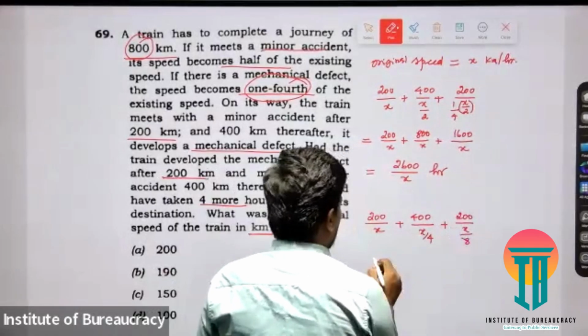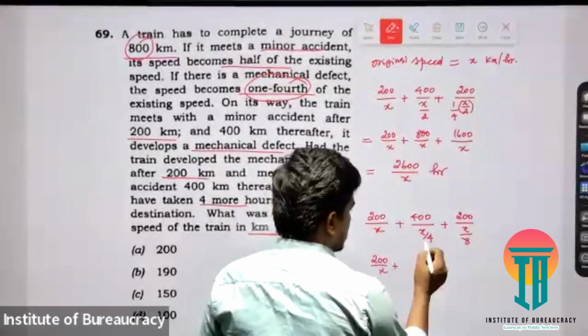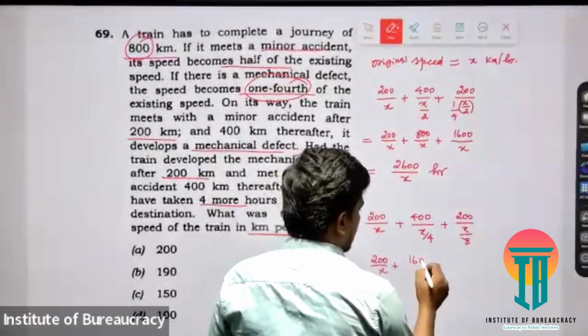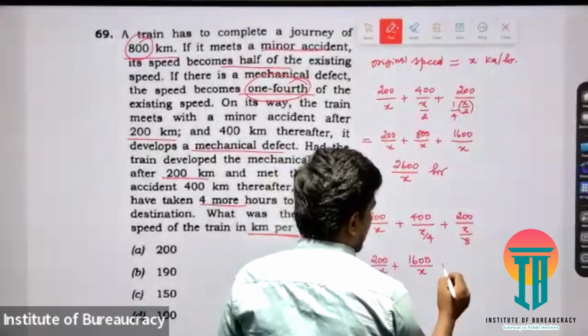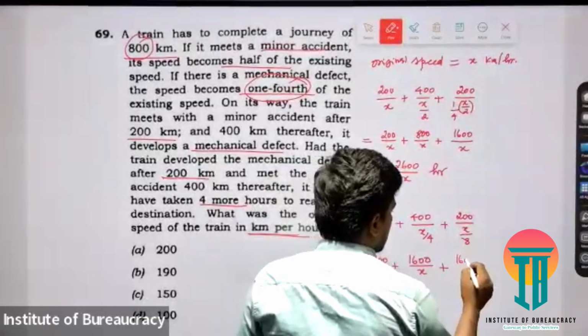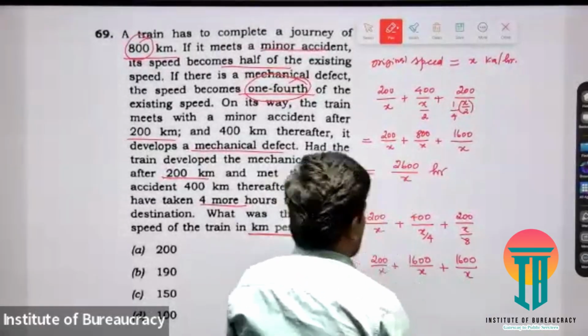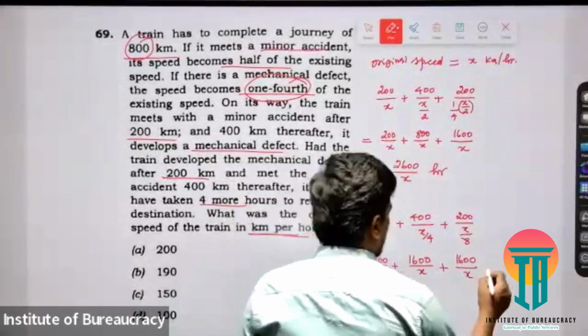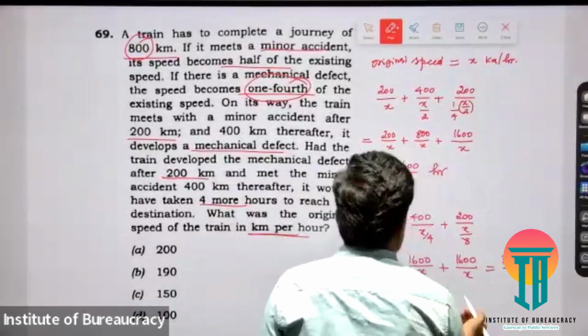So here it is again 200 by x plus 1600 by x plus 1600 by x. So this is going to be 3400 by x.